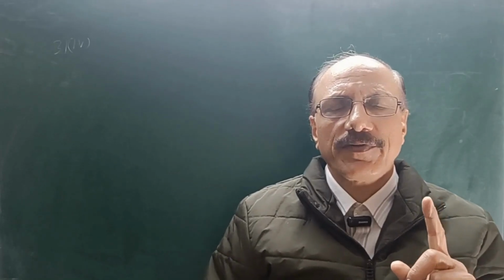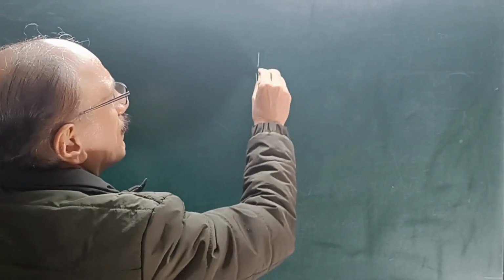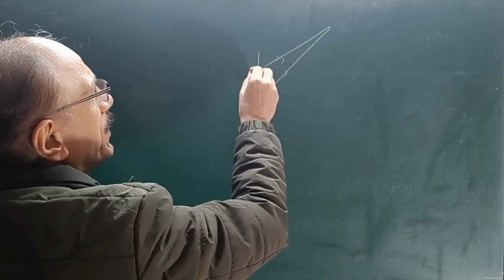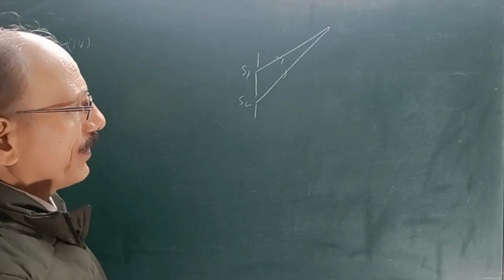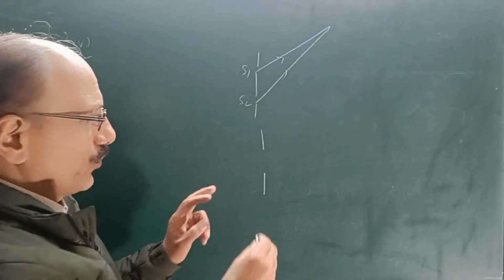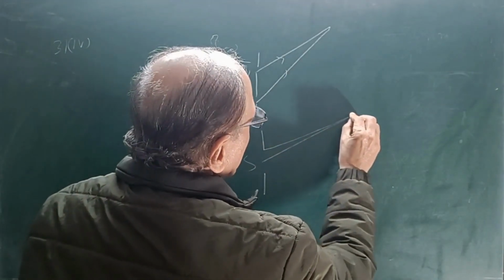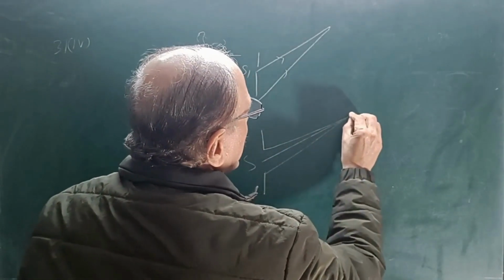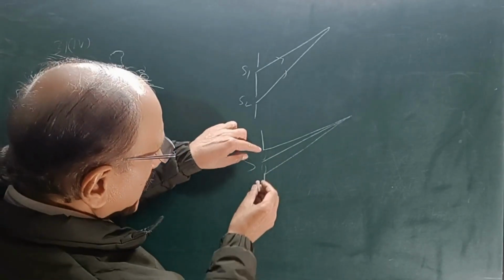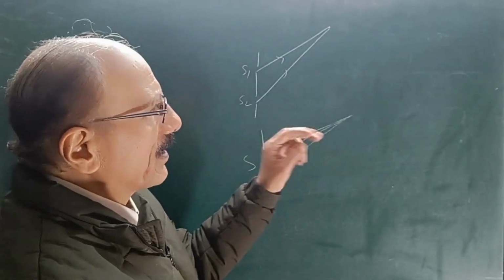First difference, the interference pattern is produced by interference or superposition of two waves coming from two different sources, whereas in diffraction there is only one source and the waves are superimposing at a point from the upper half and the lower half, means corresponding waves from the upper half and the lower half are superimposing and the pattern is produced.